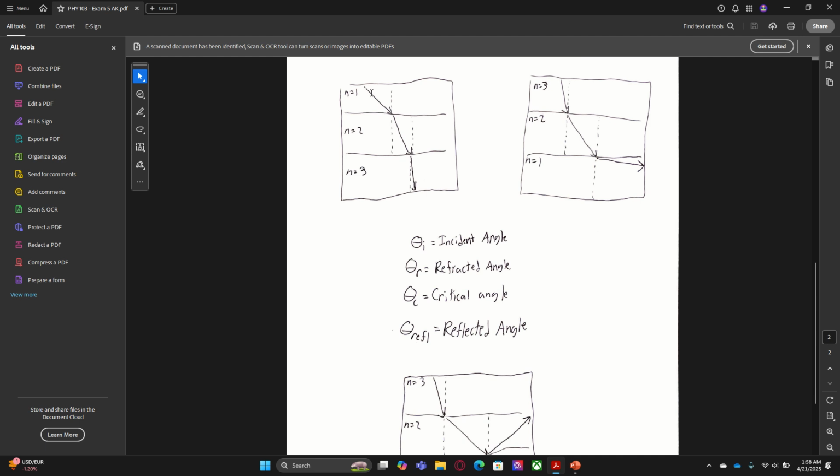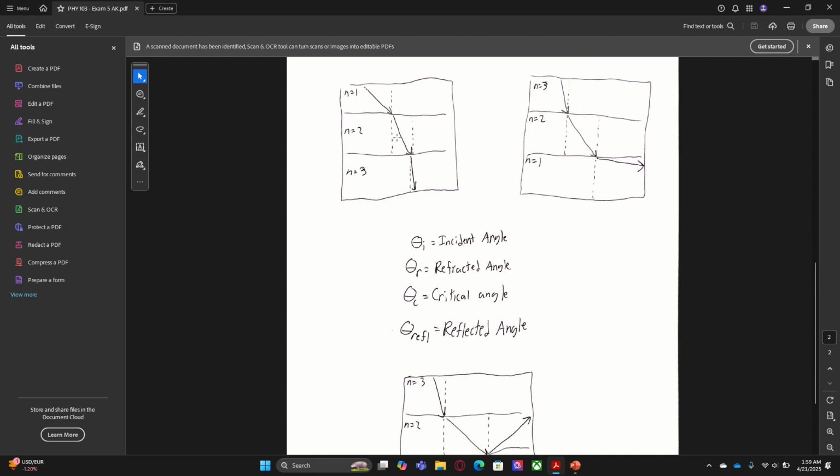Now, as that ray refracts into a new layer, it likes to bend toward the material that had a higher refractive index. So this angle of incidence here is going to be higher than our angle of refraction here. So the ray is bending toward the second layer because it has a high refractive index.